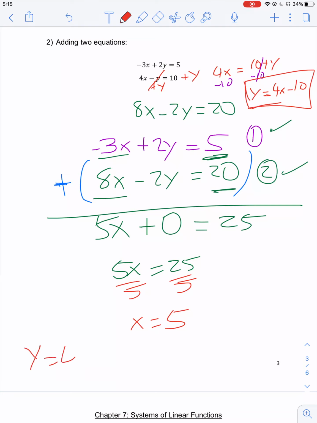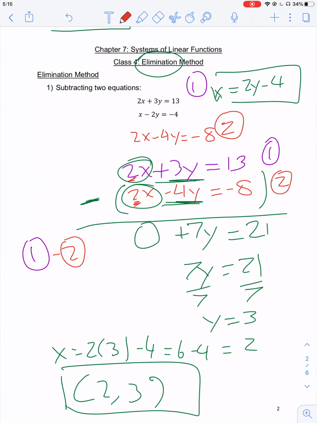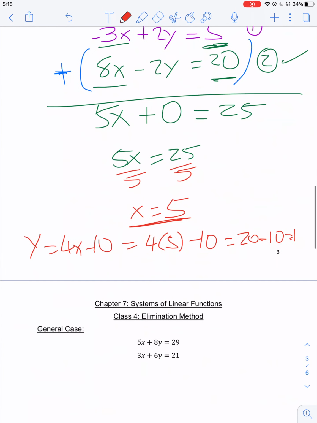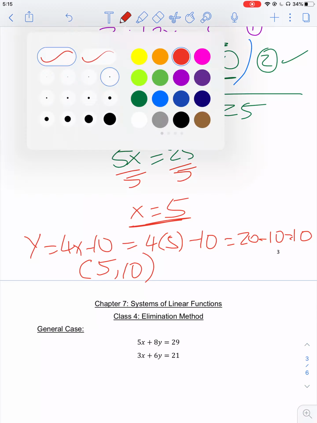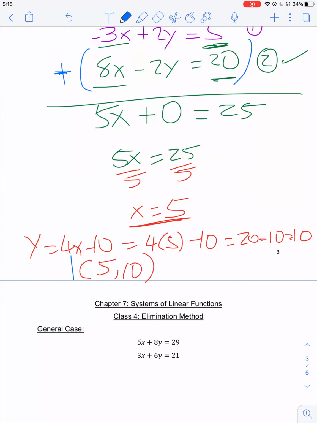So y is equals to 4x minus 10, but now I know that x is equals to 5, so I'm just going to replace this by 5 and then just do this. So 4 times 5 is 20. 20 minus 10 is equals to 10. So your solution is, right, x is 5, y is 10. So this is your point of intersection. Okay, so this is kind of like, if you want, your final answer.